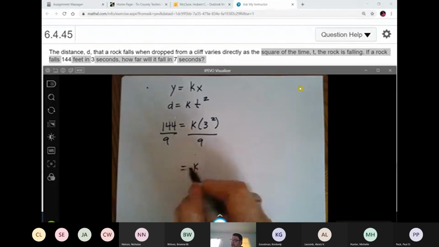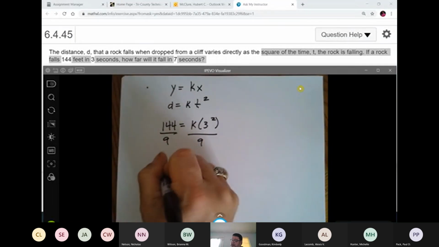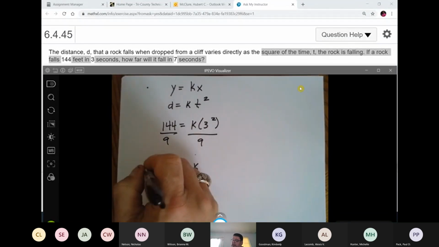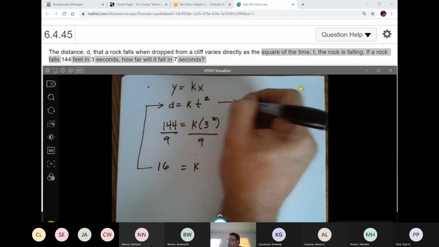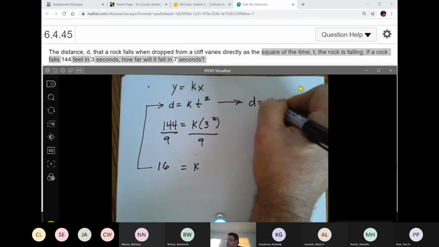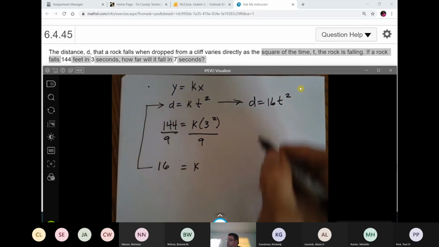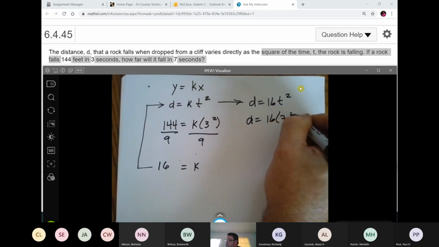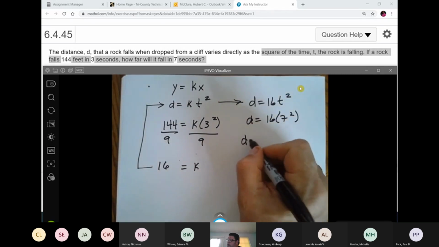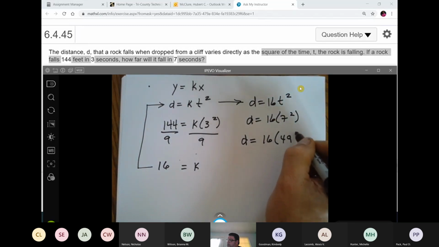And K is equal to, well, 9 will go in there one time, 16. Take that 16, plug it back in. D is equal to 16T squared. And they say we need to plug in 7. D is equal to 16 times 49.